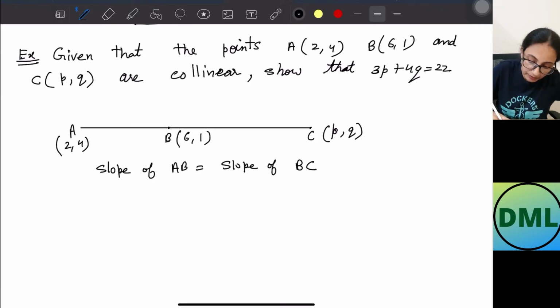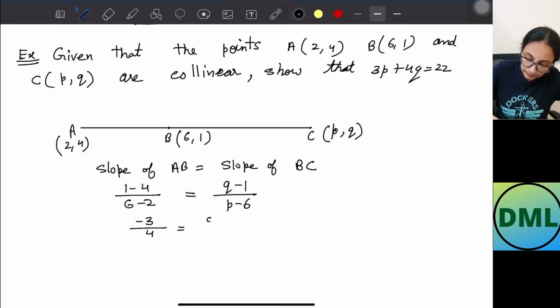Slope of AB: y2 minus y1, 1 minus 4, divided by x2 minus x1, 6 minus 2, is equal to the slope of BC: y2 minus y1 over x2 minus x1. So let's solve this. It will be minus 3 over 4 is equal to q minus 1 over p minus 6.